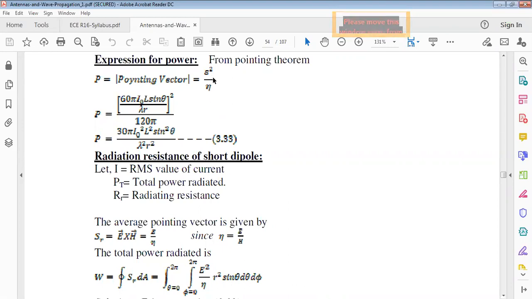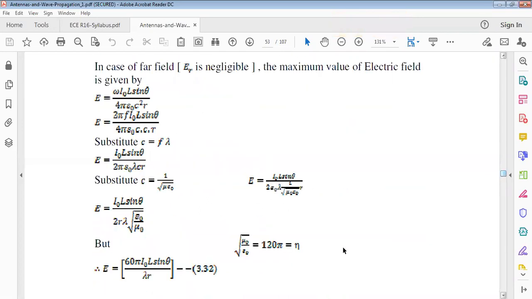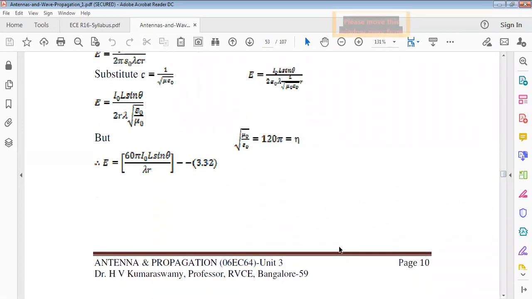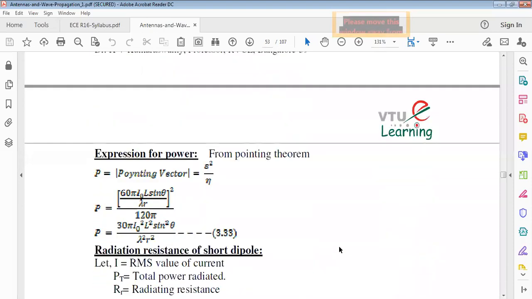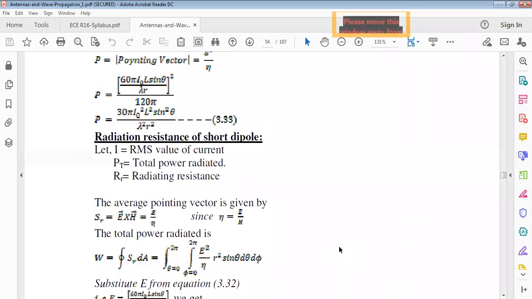Already you know the simplified expression for this E. This E is 65 I naught into L sin theta by lambda R, whole square, divided by 125. Simply take the whole square of the numerator term, 65 I naught L sin theta by lambda R. 65 square is 3600, divided by 125.